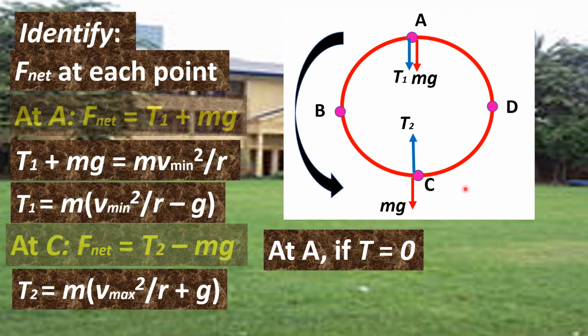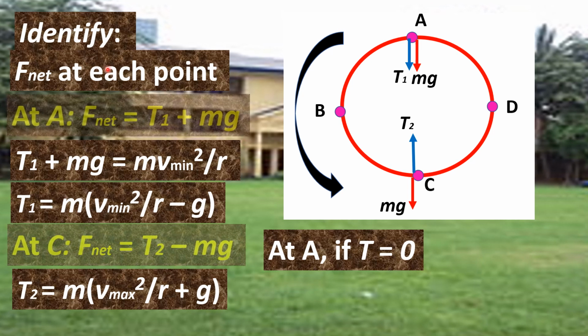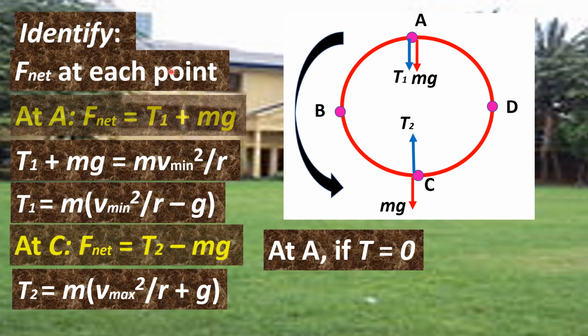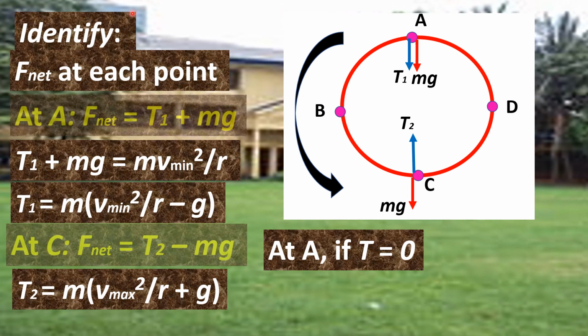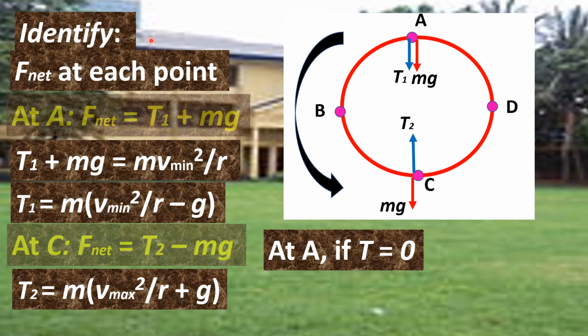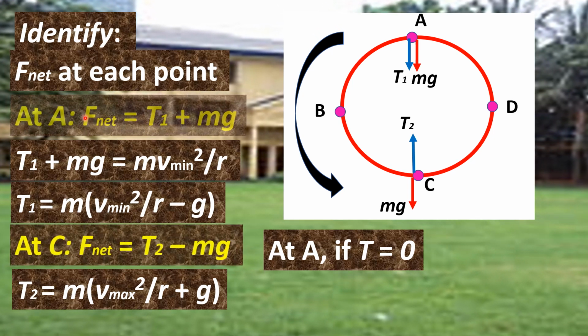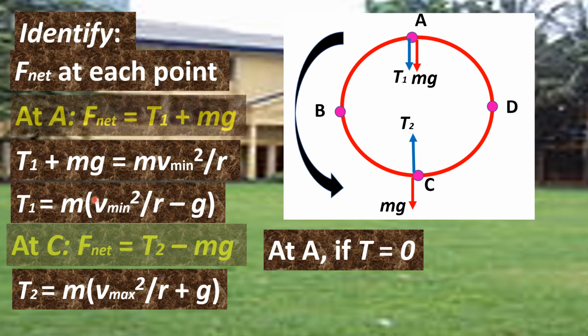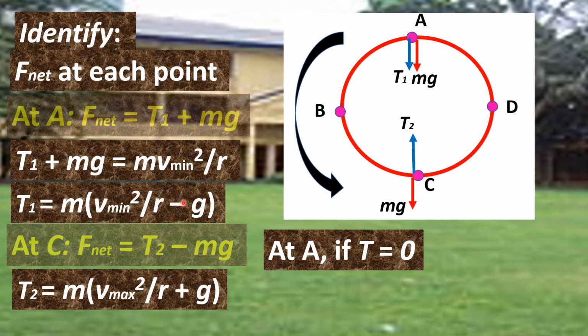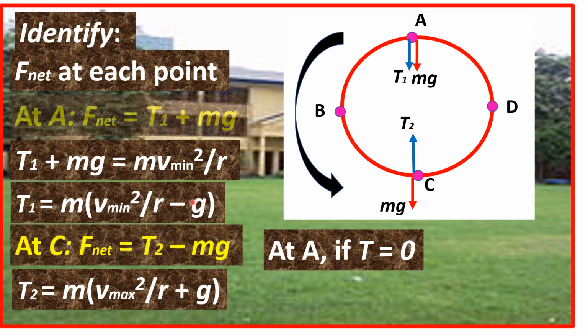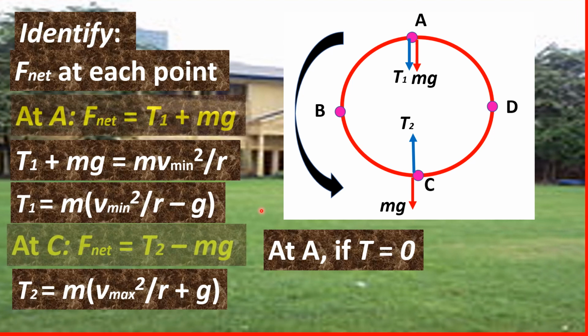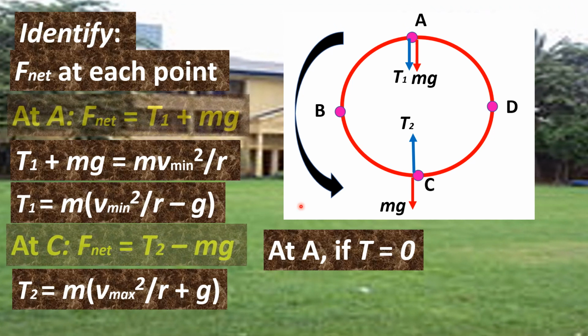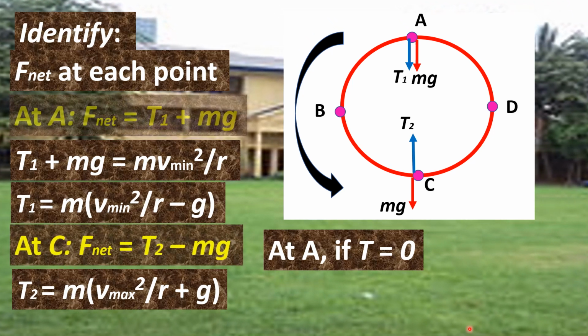All right. So we base it from our formula for T sub 1. So in this formula, if T sub 1 is equal to 0, then we say that the weight mg will just be equal to mv squared over r. All right.